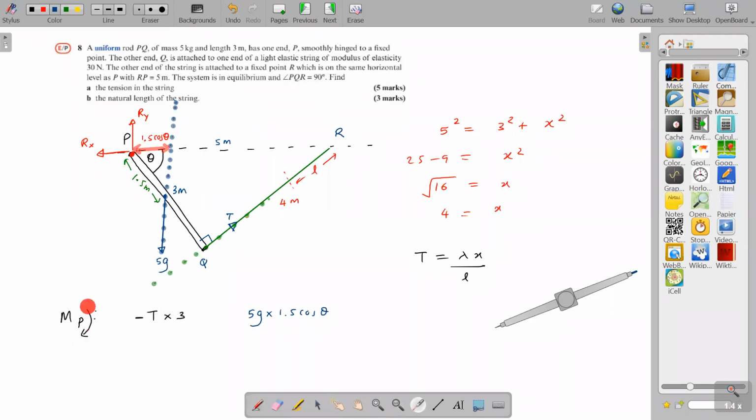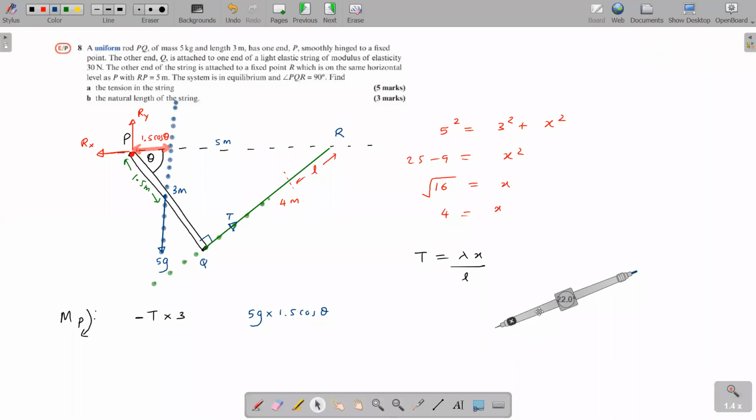I have used clockwise as positive. So is the 5G giving a clockwise moment or an anti-clockwise moment? As you can see, the arrow is pulling downwards, which means it is moving clockwise, which means this is positive.